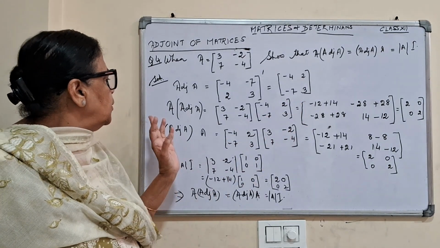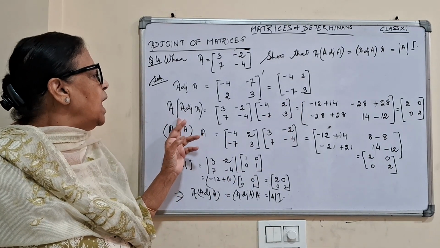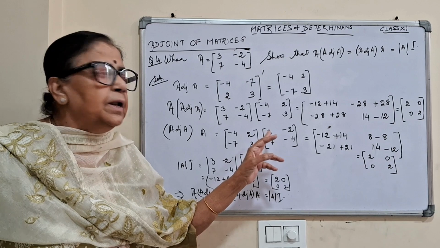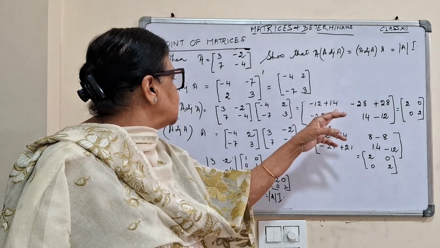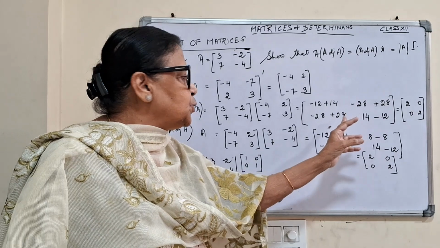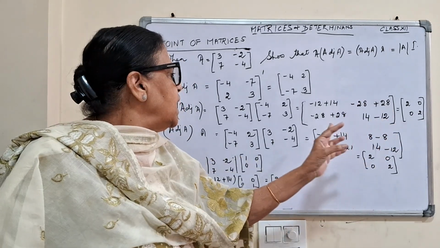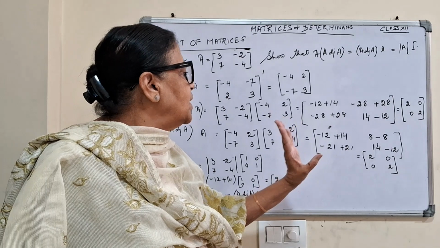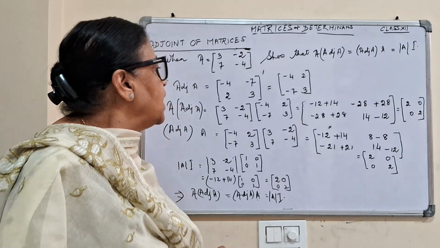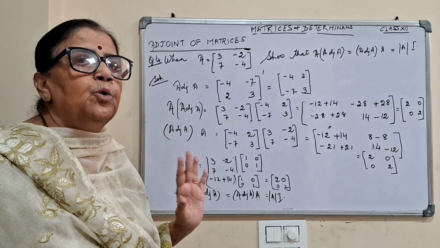So A into adjoint A, I multiply. When I multiply, I get minus 12 plus 14, minus 28 plus 28, minus 28 plus 28, and my 14 minus 12, that is 2002.